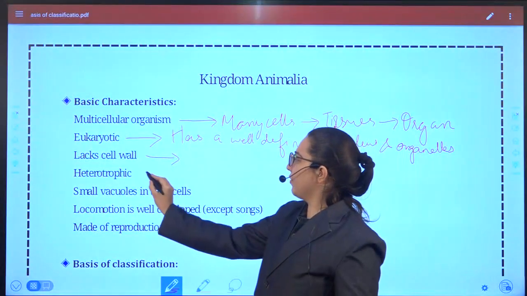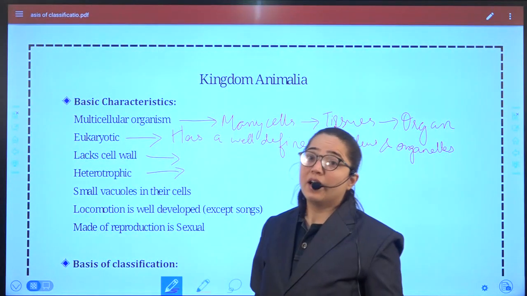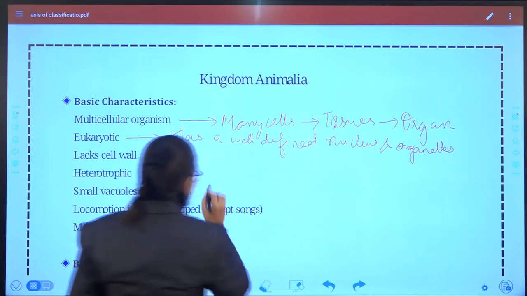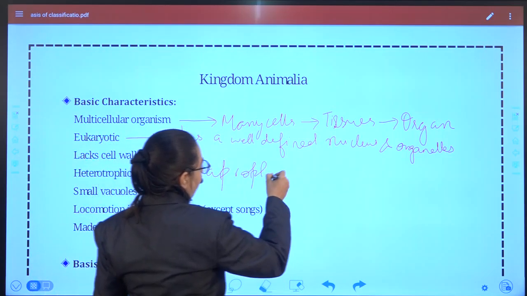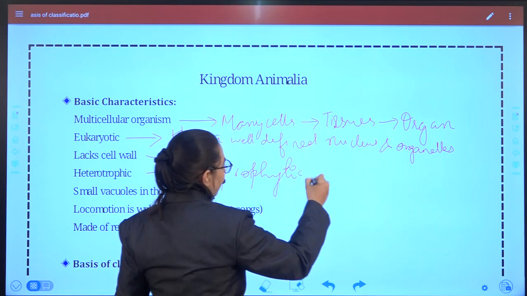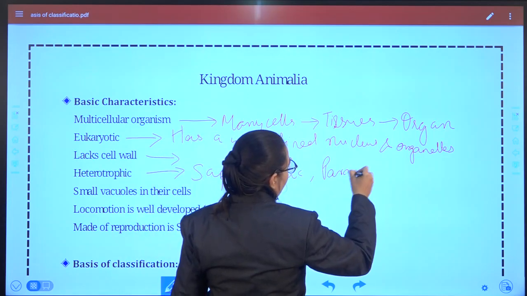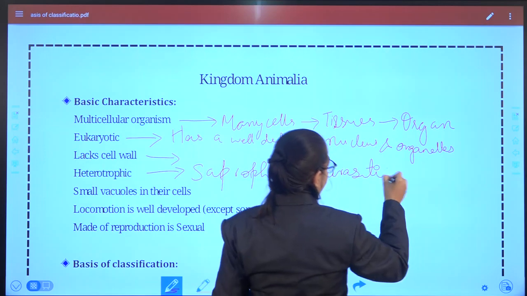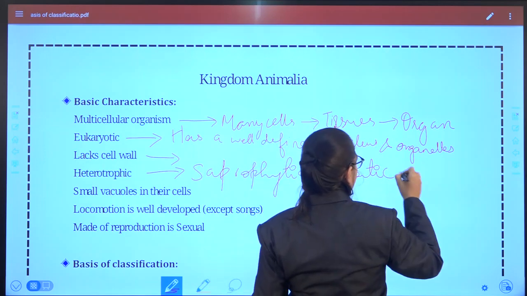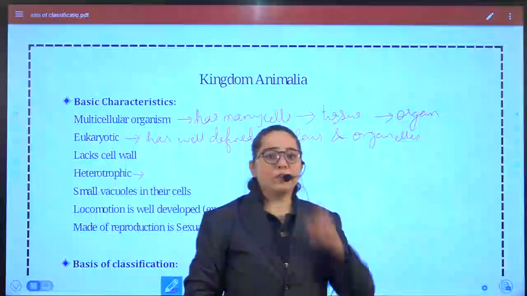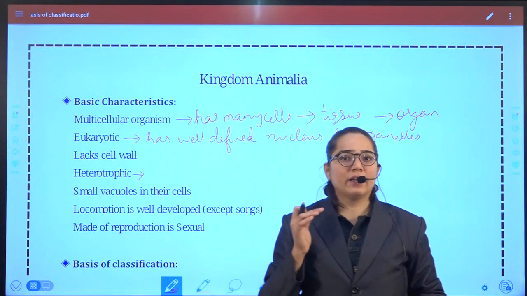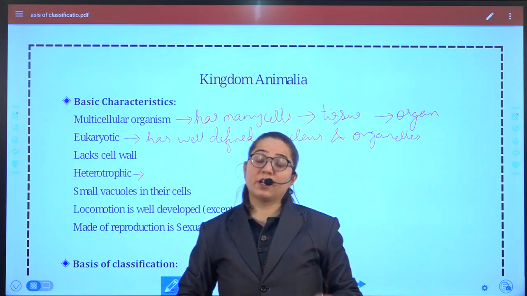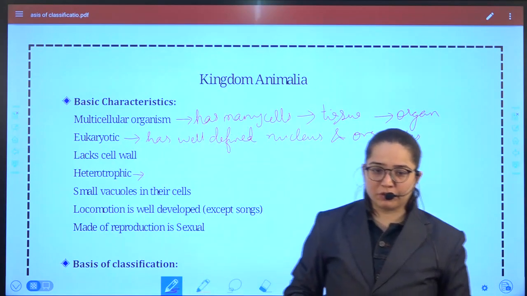Next, the mode of nutrition is heterotrophic. Inside heterotrophic, it can be any of these three: saprophytic, parasitic, and holozoic. If we talk about the next characteristic, it is the heterotrophic mode of nutrition. What is coming in the heterotrophic mode of nutrition?